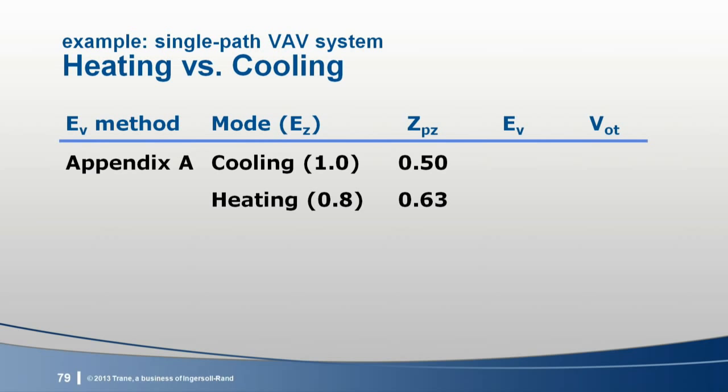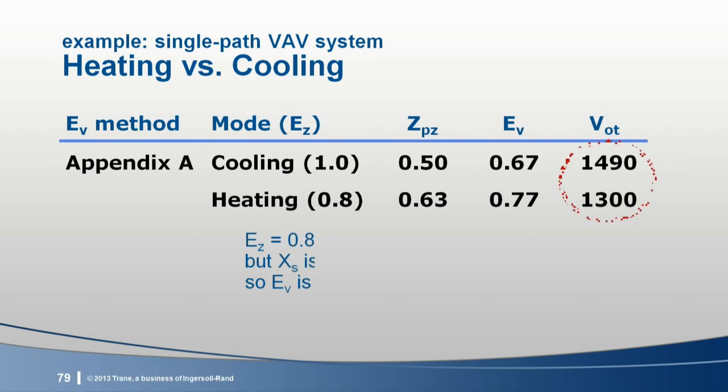An E sub Z of 0.8 during the heating mode results in a higher zone outdoor airflow, and therefore a higher outdoor air fraction. In our example, the worst case fraction increases to 0.63 compared to 0.5 in the cooling mode. With this high fraction, Table 6-3 cannot be used.